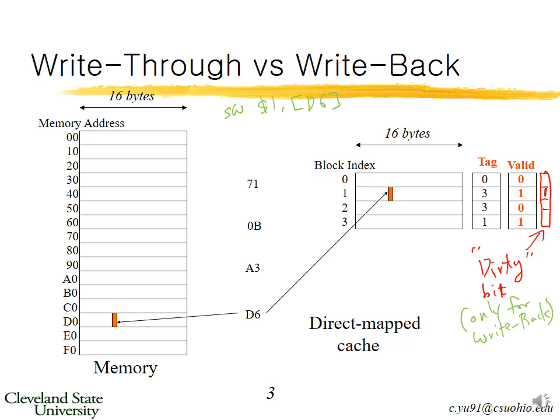Main memory access takes 100 cycles. So although it is a cache hit, you still need to consume 100 cycles to reflect the changes in the main memory. That's a disadvantage of the write-through policy.